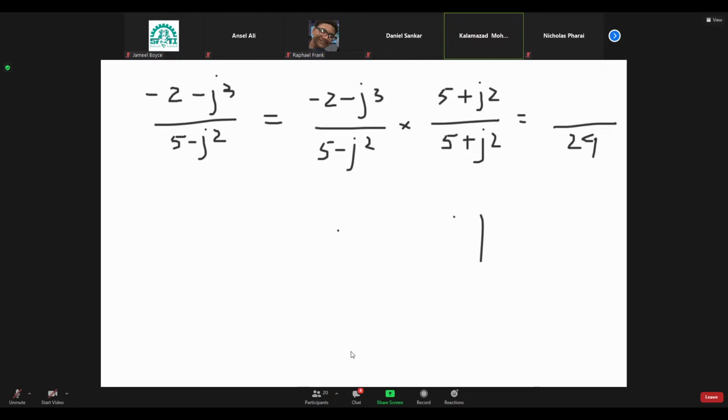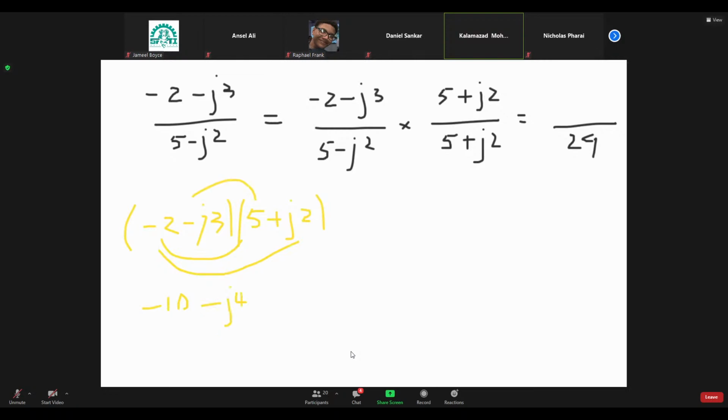Good. So now we've got to work out the top. So it's going to be minus 2. For now, we're going to go into our working column and work it out until we get the hang of it. So that's going to be minus 2 by 5, which is minus 10. Minus 2 by j2 will be minus j4.